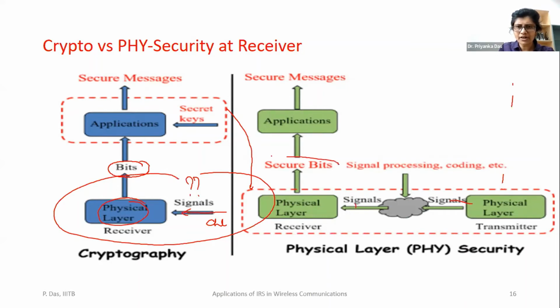Now, security is making sure that at the output of the physical layer, we get secure bits as compared to only bits in crypto. If I make sure the bits are secured, I do not need to worry about a secret key based mechanism in the application layer. Let them go as they are, and we will get the secure message out of secure bits.